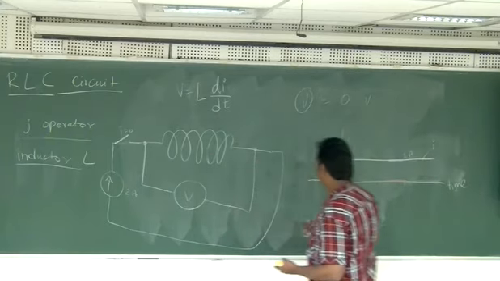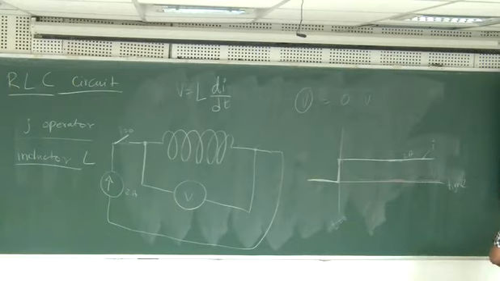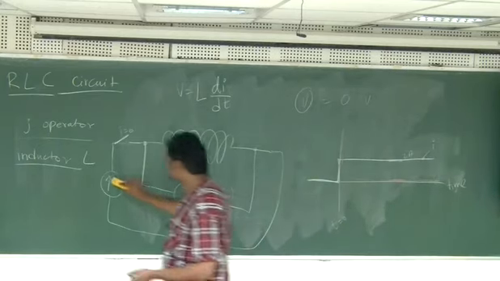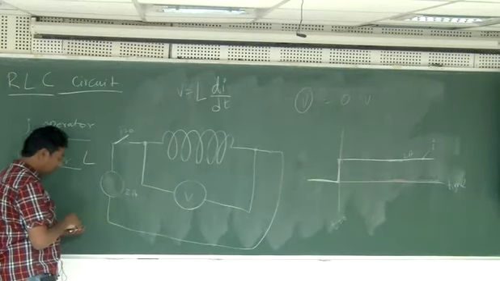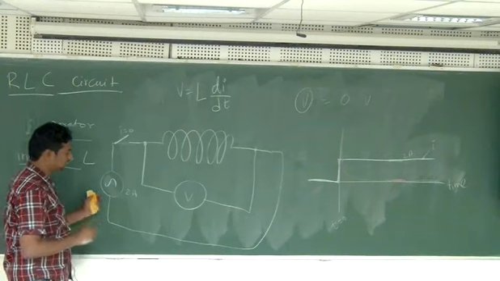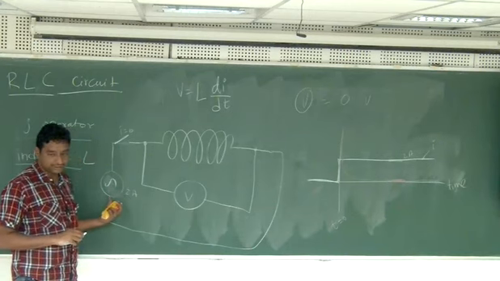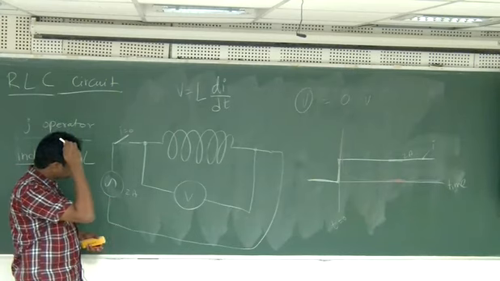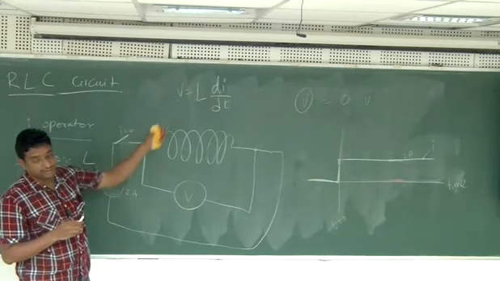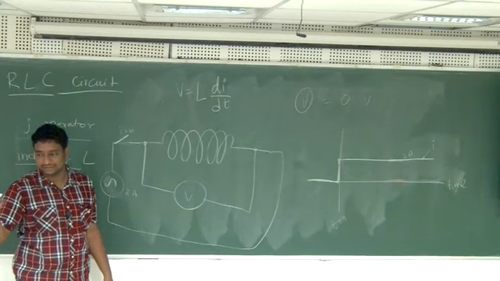So now the interesting thing, what happens if I give an alternating current? So it's a current source, but it's an alternating current source. So in the place of I have to put some I maximum sine omega t.